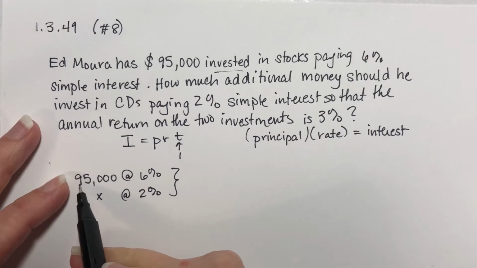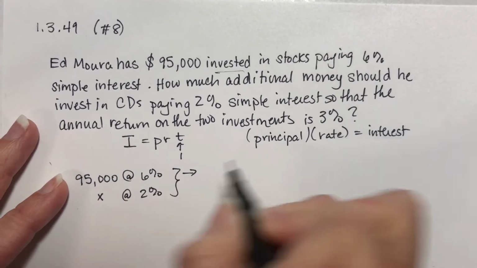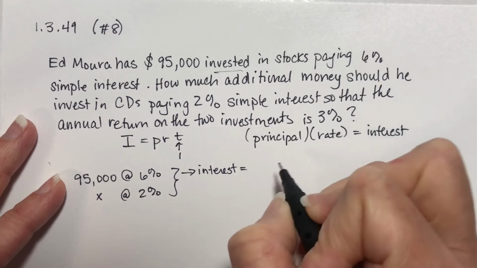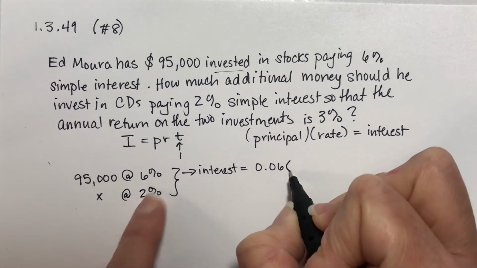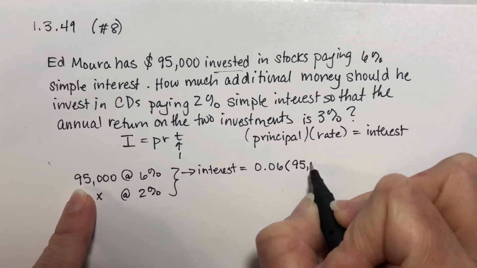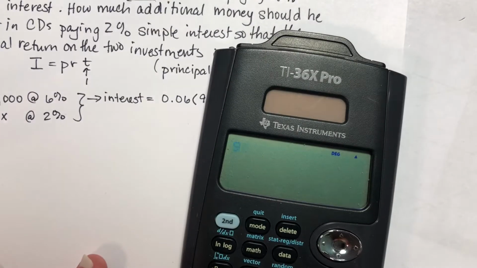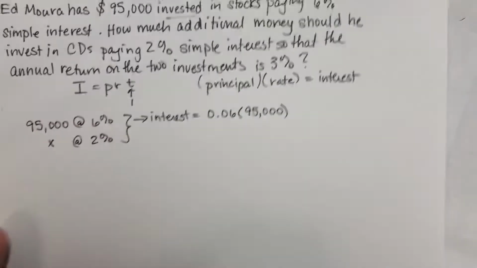Okay, well, 95,000 times 6%, so the interest on this one is equal to 0.06, which is 6%, times 95,000. So that is $5,700.